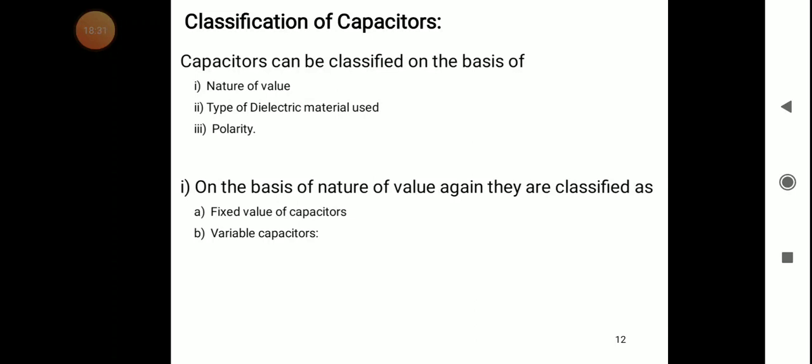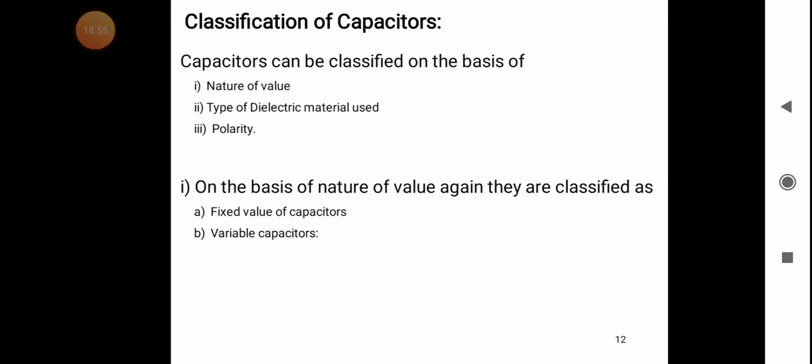Capacitors can be classified on the basis of nature of value, type of dielectric material used, and polarity. The first classification is nature of value. What is the meaning of nature of value?